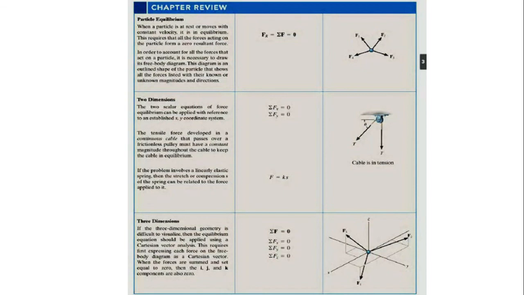And if there is a cable, you will apply tensions in that system, sigma Fx equals 0, and remember the cord will always exhibit tensile force, never compressive force. If a continuous cable passes over a pulley, remember there will be no friction in the pulley, and the tension must have a constant magnitude throughout the cable to keep it in equilibrium.